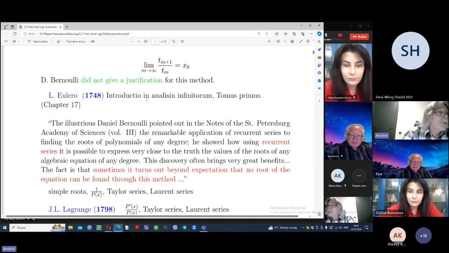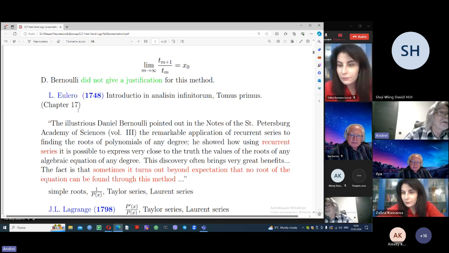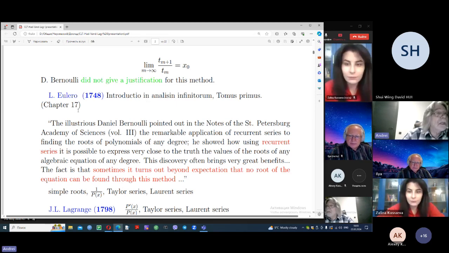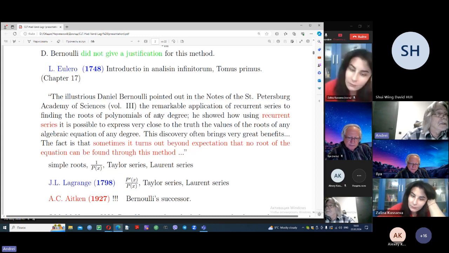In this book, chapter 17 is devoted to the justification of the Bernoulli method. So what did Euler do?